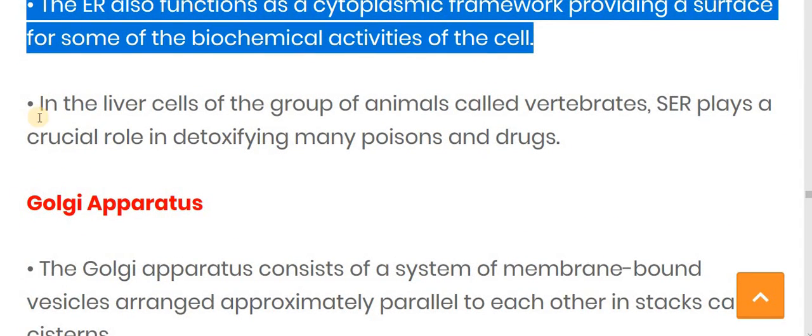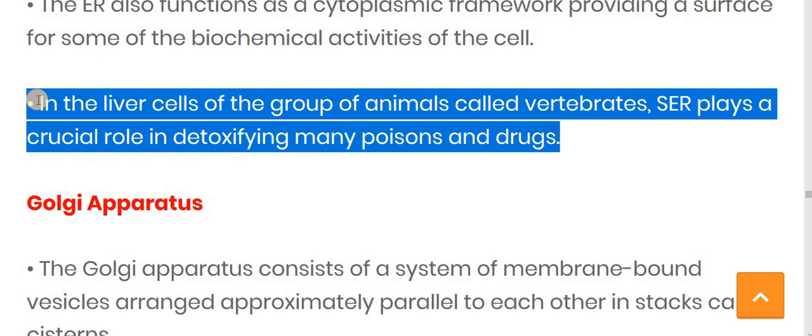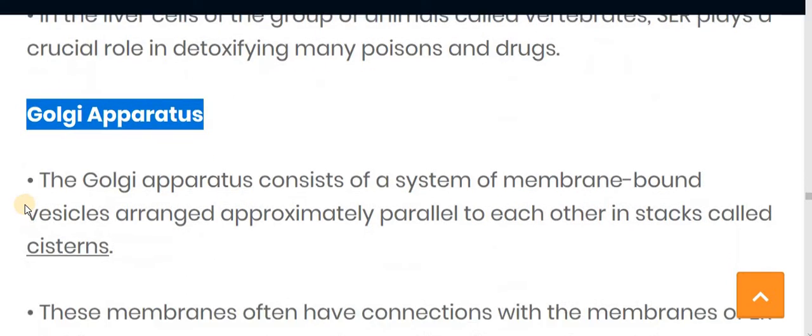In the liver cells of the group of animals called vertebrates, the SER, the smooth endoplasmic reticulum, plays a crucial role in the detoxification of many poisons and drugs.